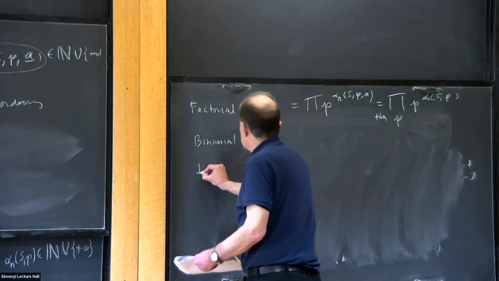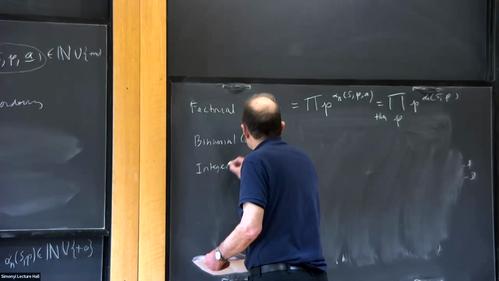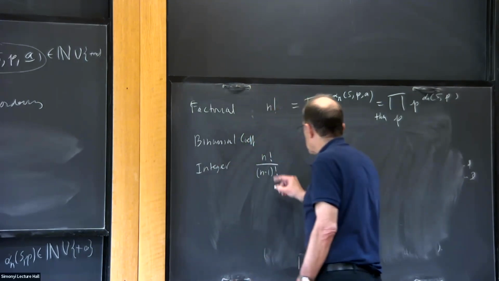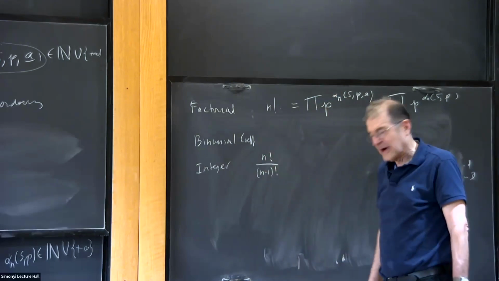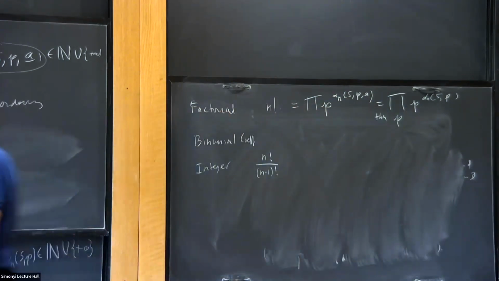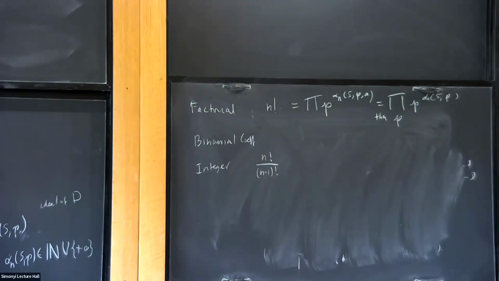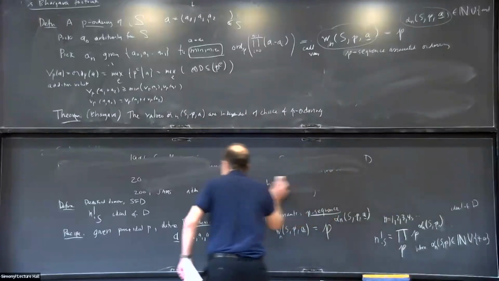And then if you like, you can get the generalized integer, which will be n factorial divided by n minus 1 factorial, after you prove that n minus 1 factorial divides n factorial, and so on. So now let's do the general case.